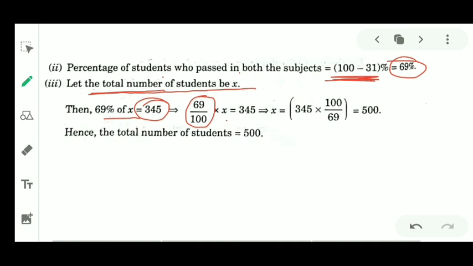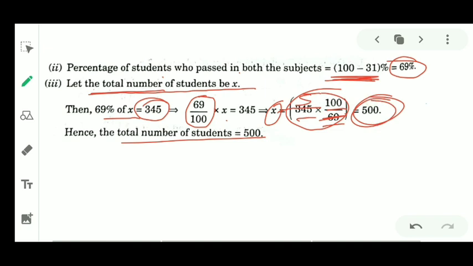Then x equals 345 into 100 by 69. If you reduce this fraction, you will get 500. Actually 345 divided by 69 gives you 5 here. So 5 into 100 is 500. So the total number of students equals 500.